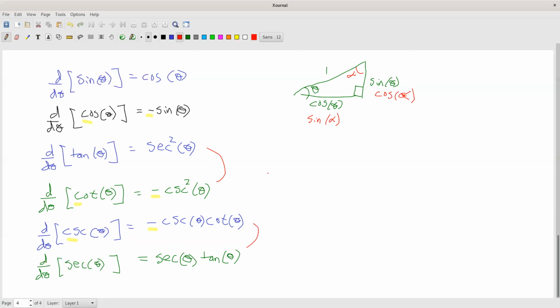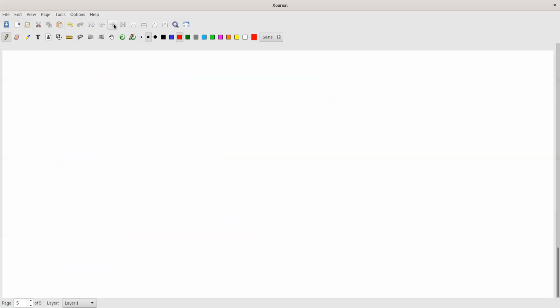One other cool pattern, take a look at, and then we'll move on to some more fascinating problems. But I think this one is pretty awesome. If we say that f of x is equal to the sine of theta, then we know its derivative, f prime of x, is equal to the cosine of theta.